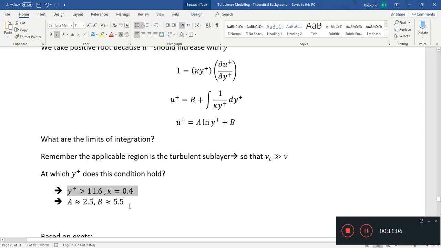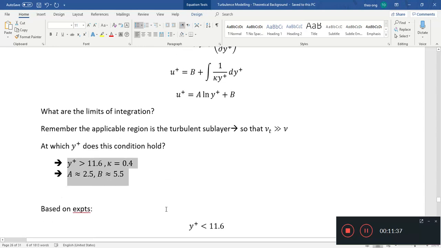And this corresponds to the integration constants, the coefficients, a equals 2.5 and b equals 5.5. So this is all done by doing experimental data over various fluids, over various flow systems. So after we non-dimensionalize everything, we can then fit experimental data in, and by fitting experimental data in, we get these coefficients.